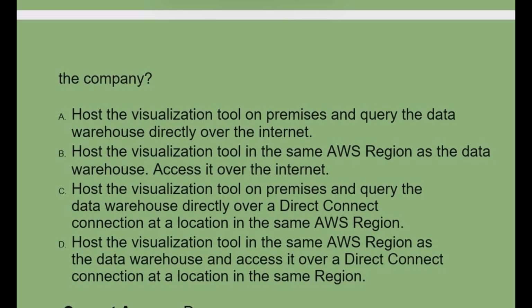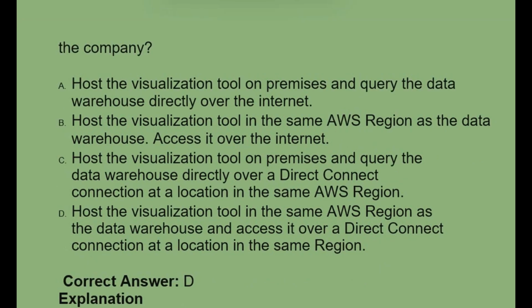Option C. Host the visualization tool on premises and query the data warehouse directly over a Direct Connect connection at a location in the same AWS region. Option D. Host the visualization tool in the same AWS region as the data warehouse and access it over a Direct Connect connection at a location in the same region. Correct answer is option D.